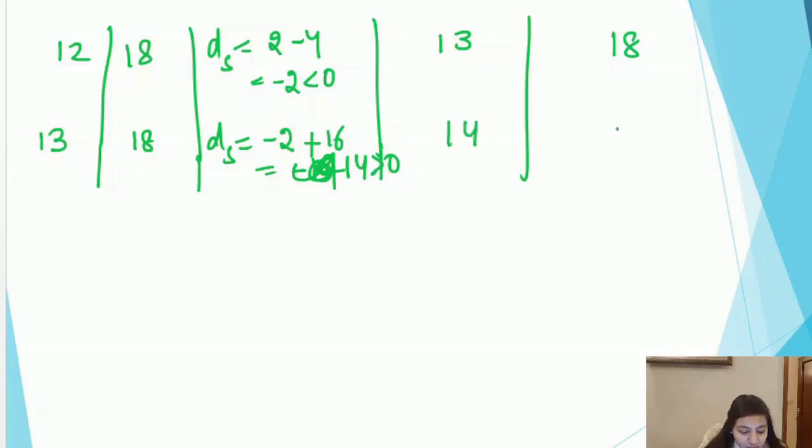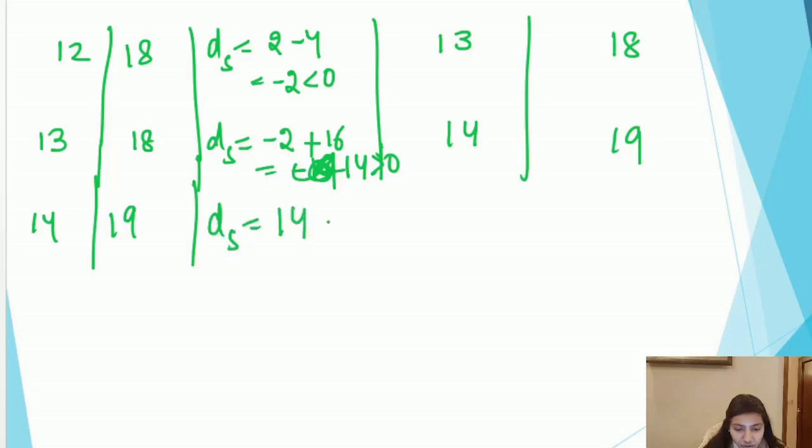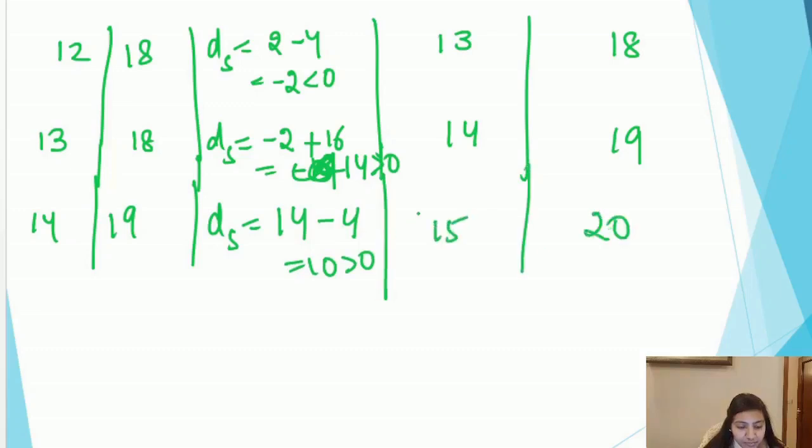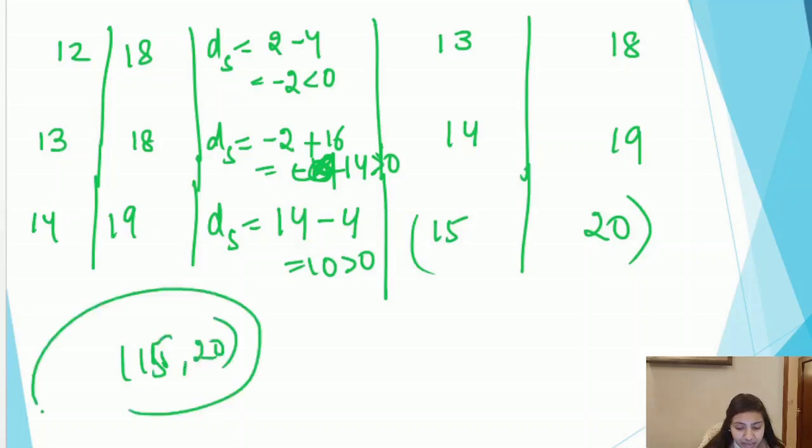So this is 14, 19. The change in d with respect to northeast is minus 4. The value is greater than 0, so increment x and increment y. Now this was the finishing point of the line, that is 15, 20. We have reached the finishing point, so we stop over here.